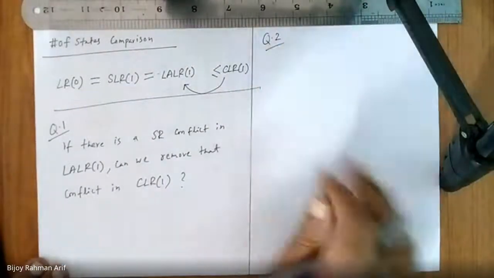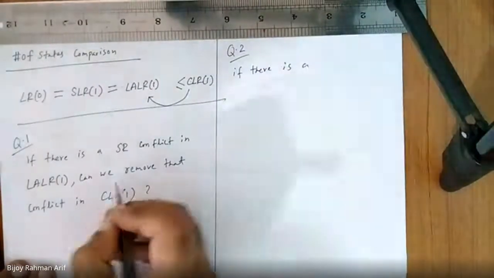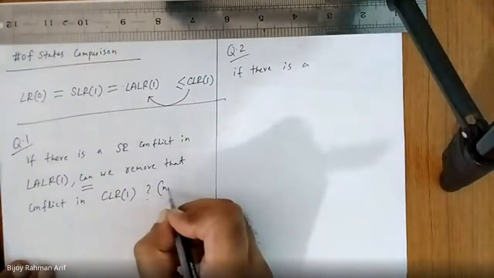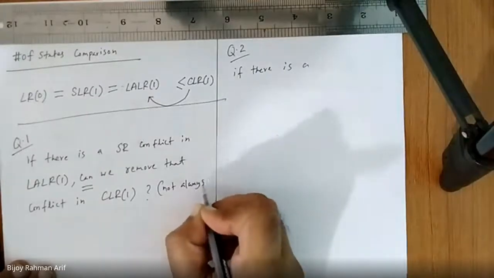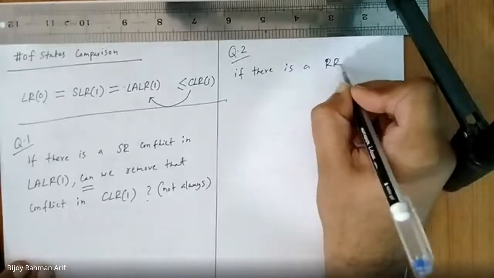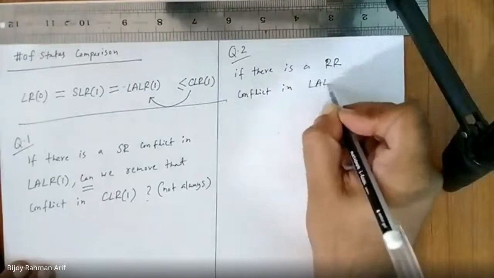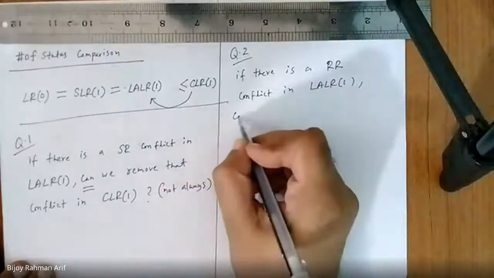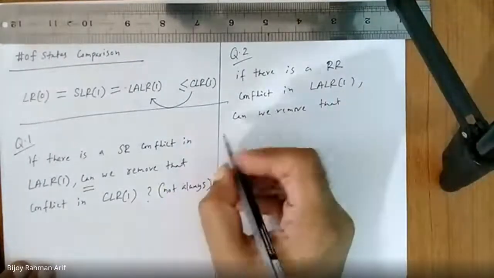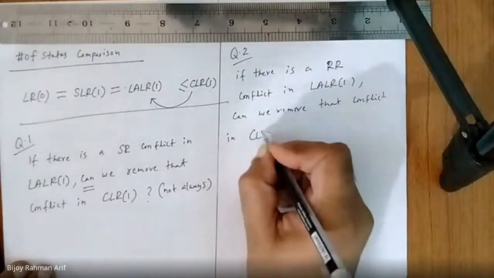Question number 2. Not always, but somehow possible. If there is an RR conflict in LALR1, can we remove the conflict in CLR1?